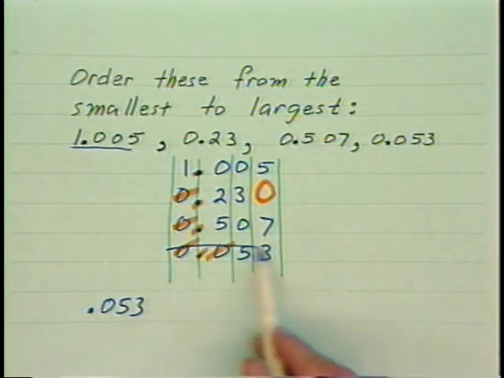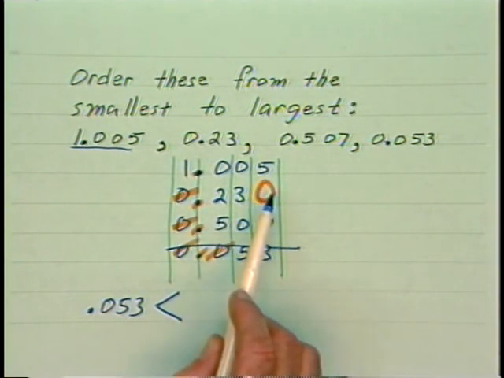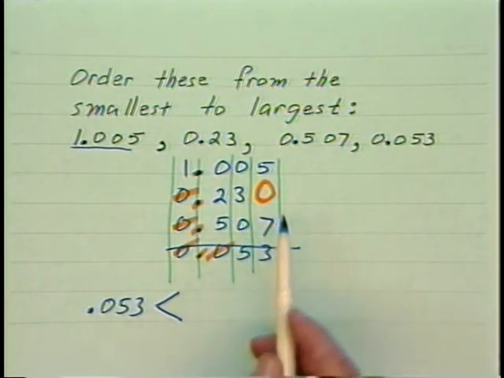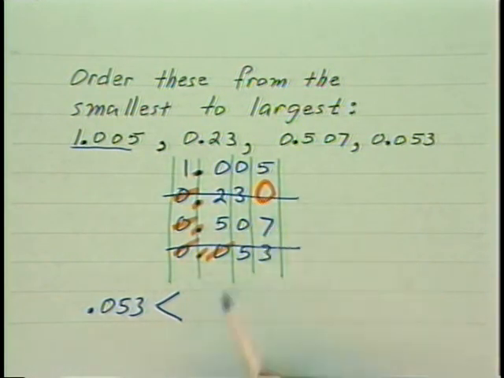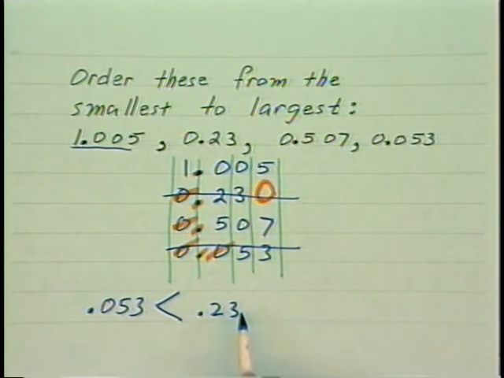It's the smallest, so it will be less than the next one. And we can see now 230 is certainly smaller than 507, so this is my next smaller one. And of course I don't need that 0 anymore, so there's no point in writing it. That will be smaller than my next one.